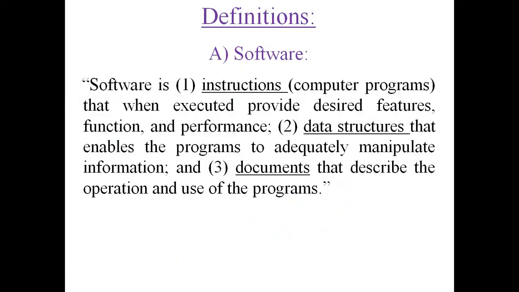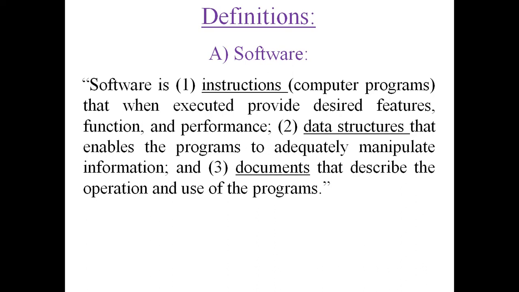Software is the set of instructions, that is, computer programs that when executed provide desired features, function and performance. Next, it includes the data structures that enable the programs to adequately manipulate information, and documents that describe the operation and use of the programs.